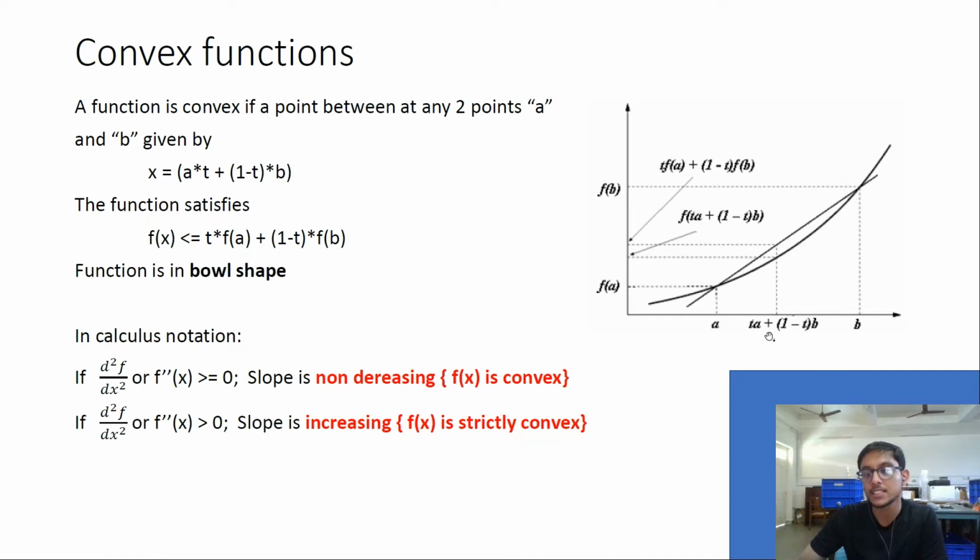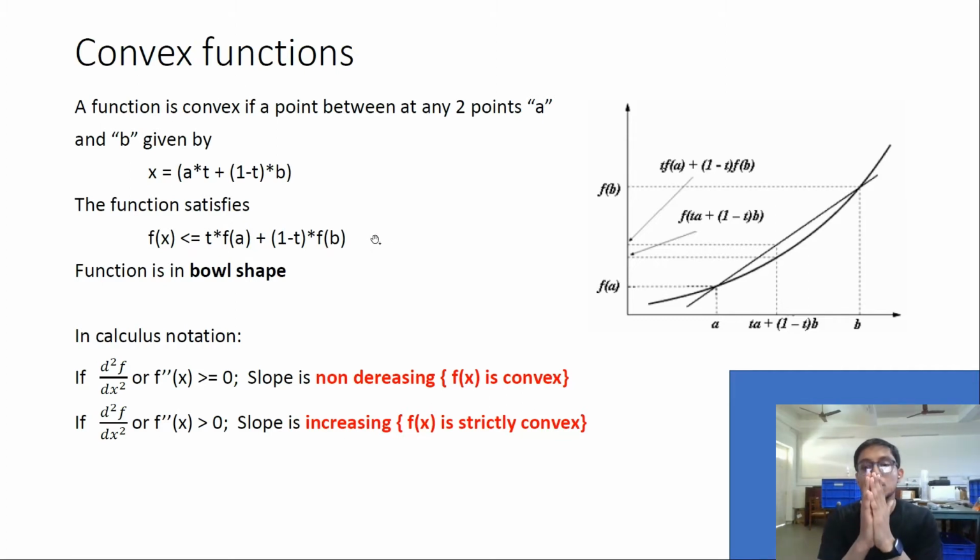When you change the value of t from 0 to 1, you will get points inside A and B. For any 2 points A and B, the value of the function at this point will be lower than the value you get if you do the same operation on the values of A and B.